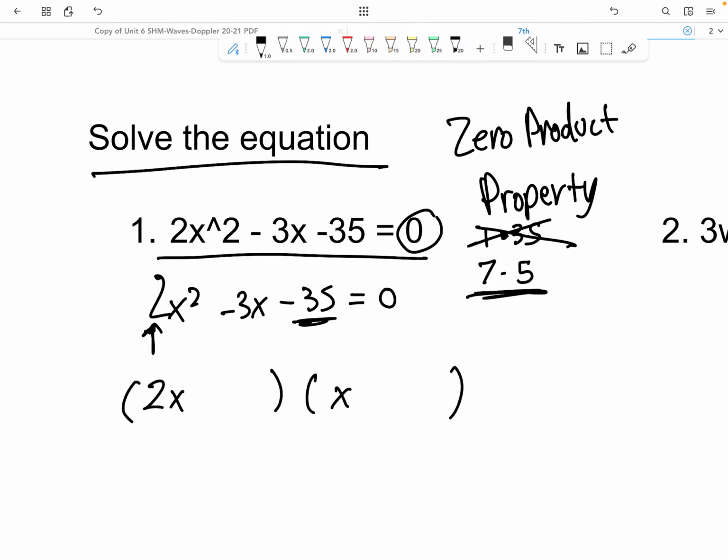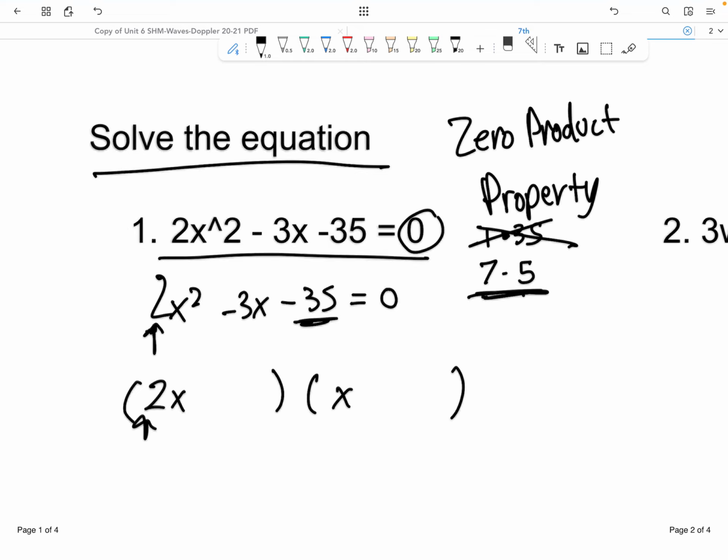times x, 2x squared. Now we've got to find a combination where 7 times 5, with the inclusion of this coefficient, will give you negative 3x. Now you know that this is negative 35, so one of these factors has to be a negative. But which one is the question?